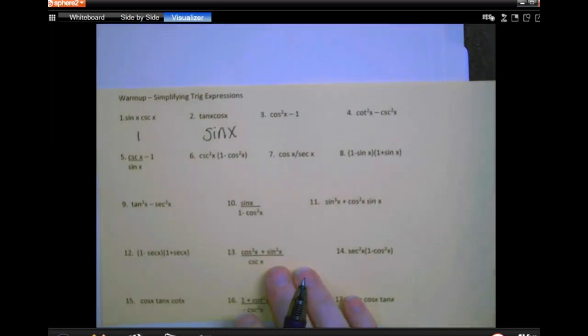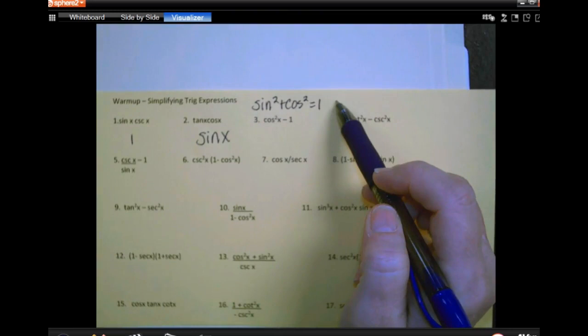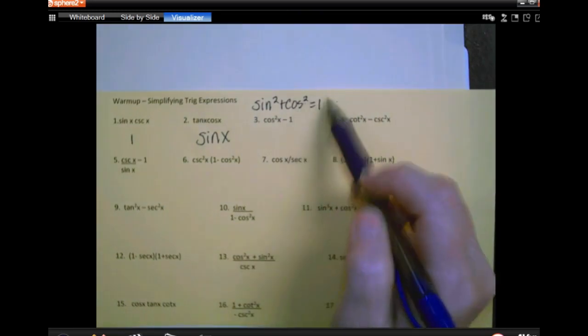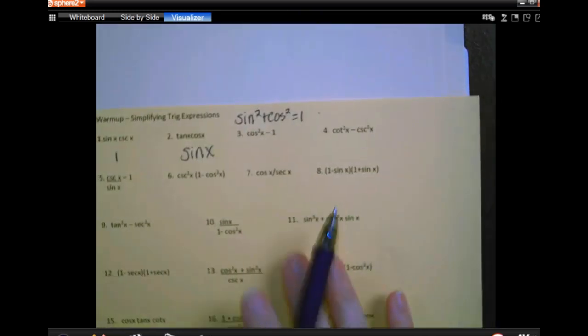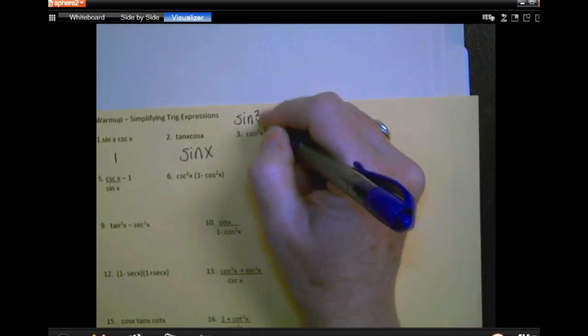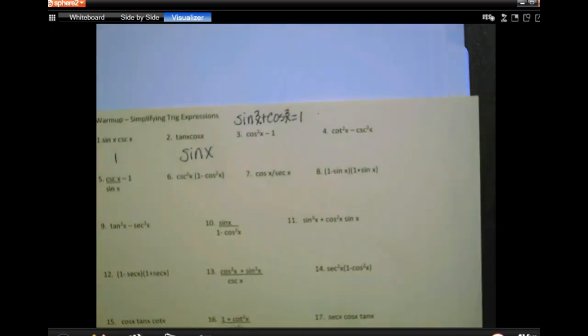Cosine squared minus 1. So this is sine squared plus cosine squared equals 1. So if I take 1, or cosine minus 1, I mean, it's going to sine. We're not sinning in here. We're signing in here.